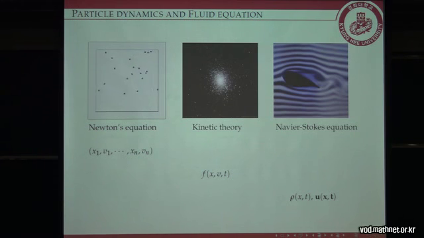Let's consider there are several particles. Then these particles move, and the particles couple with each other. Then we can construct some ODE to describe this dynamics. So we have the Newton equation. Actually, there are molecules in the air, right?